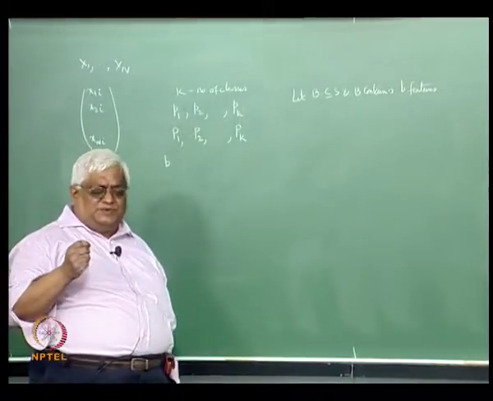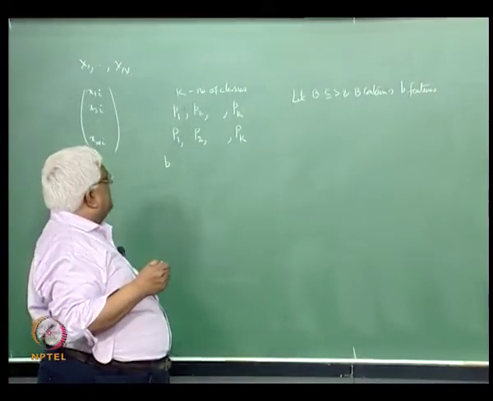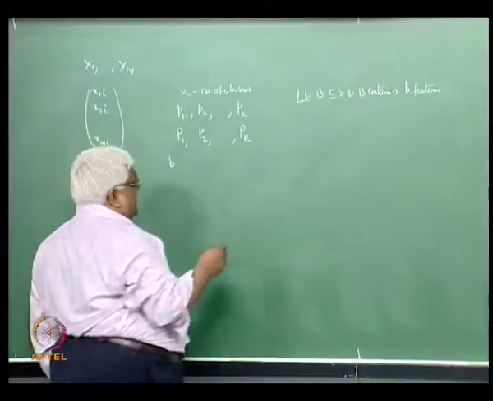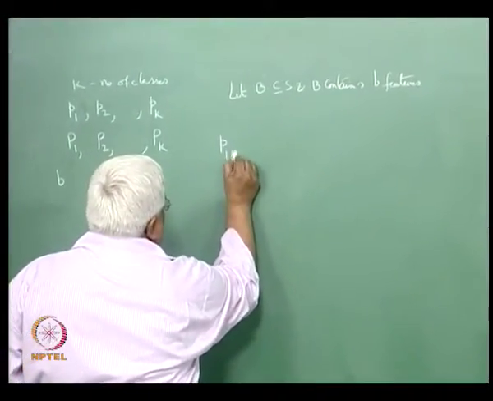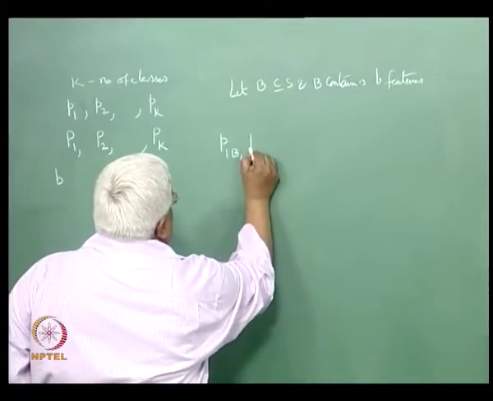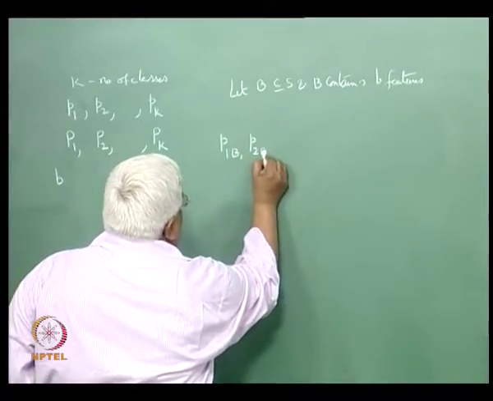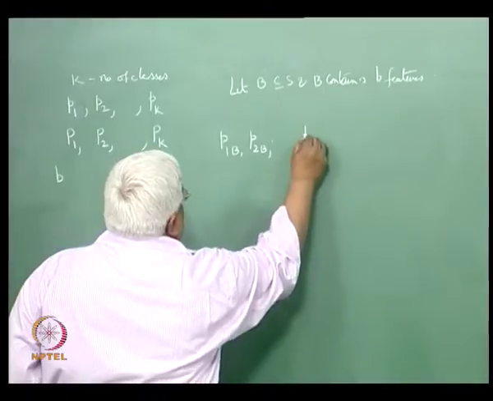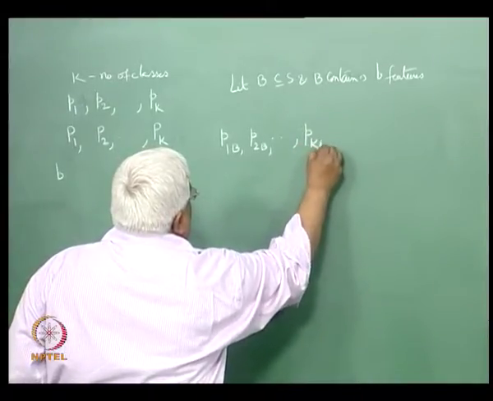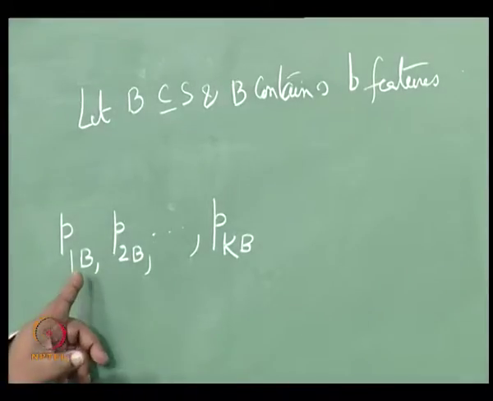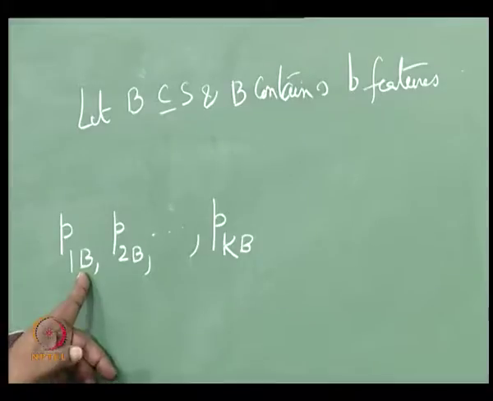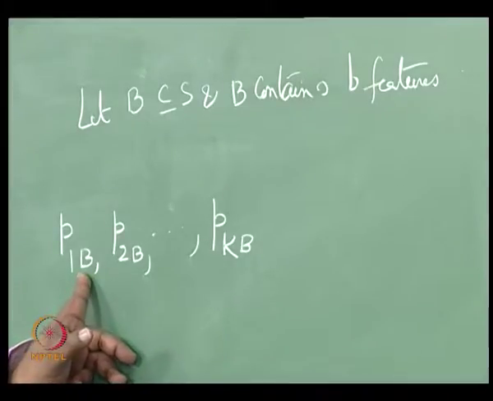Now, with respect to those small b features, we can have the density functions p 1 b, p 2 b, up to p k b, using the features in this subset capital B.